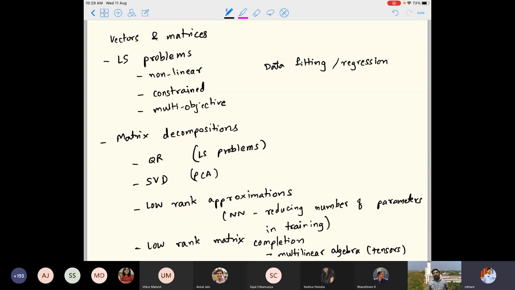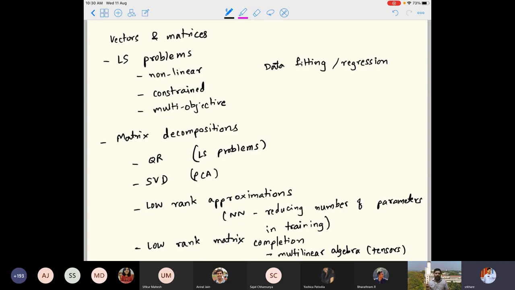For example, we'll talk of solving systems of linear equations first, then only can we talk of the least squares problem, and we will talk of condition numbers of matrices, because they are very important. So in between, I will speak of many things. Once I speak of condition number, I will almost introduce singular value decomposition. So the concepts will be mixed, but these are the two important things that we really want to do: least squares problems and matrix decompositions.